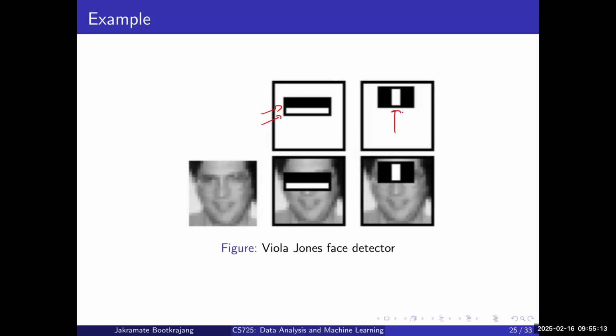For the nose, you usually have two eyes: the left eye, then your forehead, and then the right eye. So you have dark, then bright, then dark. So they build a classifier based on this intuition, and it works quite well.